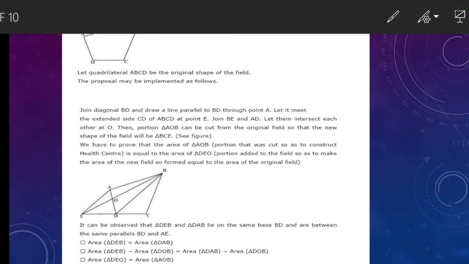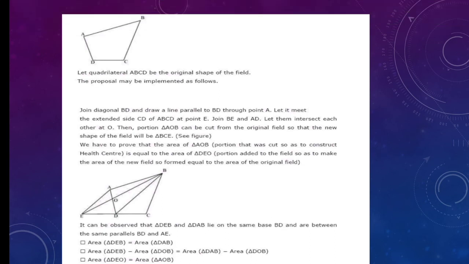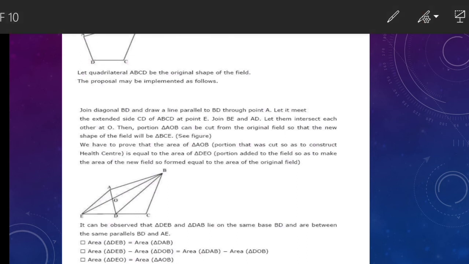So this is the figure. ABCDE is the quadrilateral that was originally the field of Itwari. The proposal was implemented as follows. So this was the diagram of the plot of Itwari, where the panchayat wanted a portion of his land.